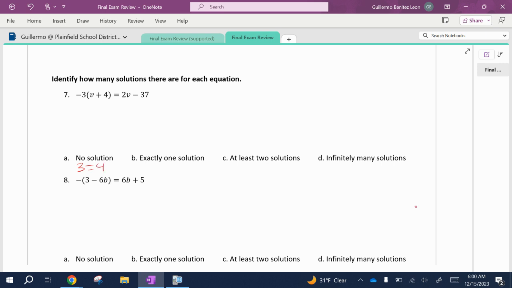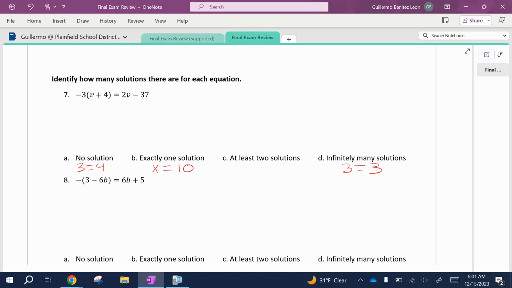Exactly one solution means you're going to get one number. For example, x equals 10. You got one answer. Infinitely many solutions is when you get a true statement. So like 3 equals 3. At least two solutions we've never had. It's not possible for us in Algebra 1, so no one should ever select C.